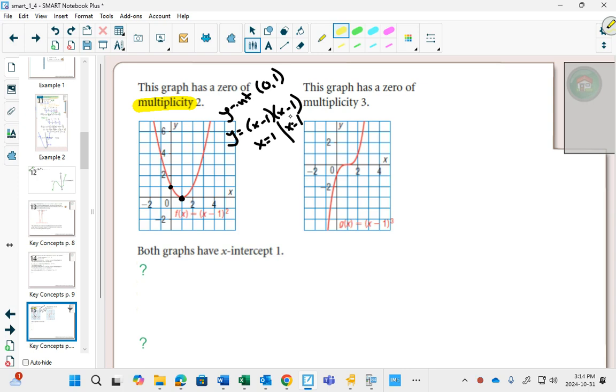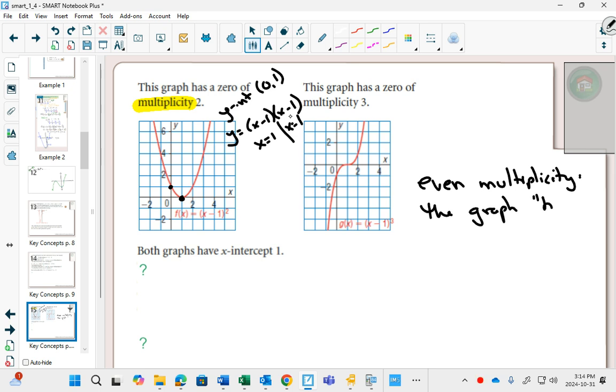And it just so happens that when you have a multiplicity of 2, and we can write this off to the side, that if you have an even multiplicity, the graph bounces at the x-intercept. It bounces off of your x-axis and goes back up.